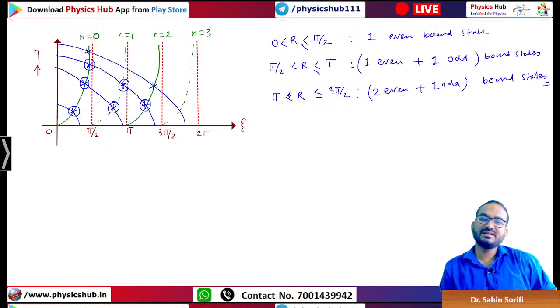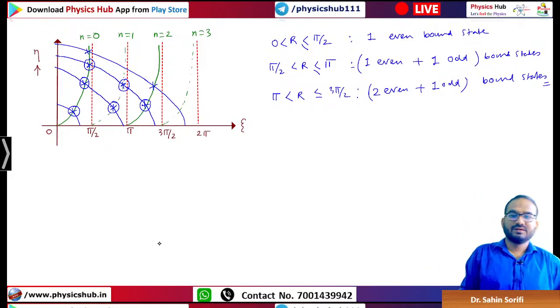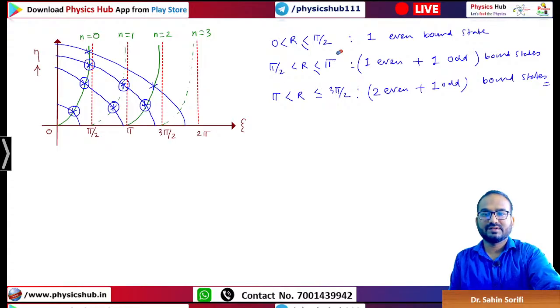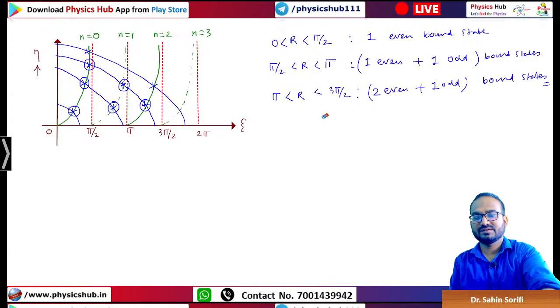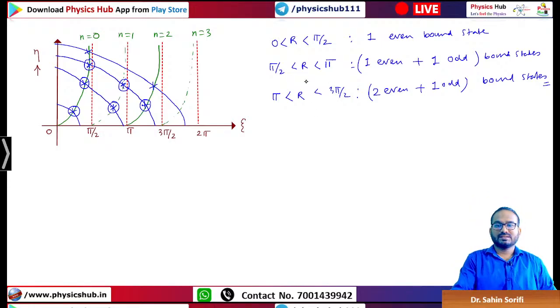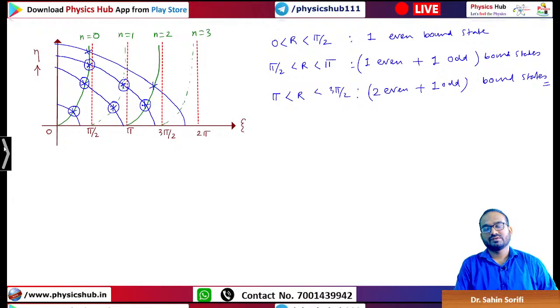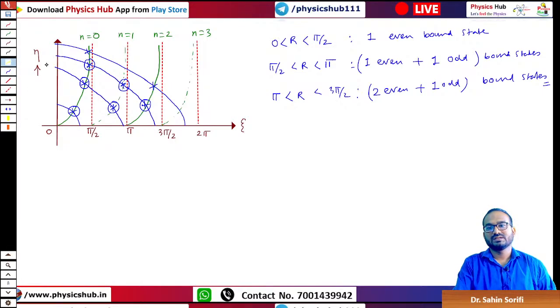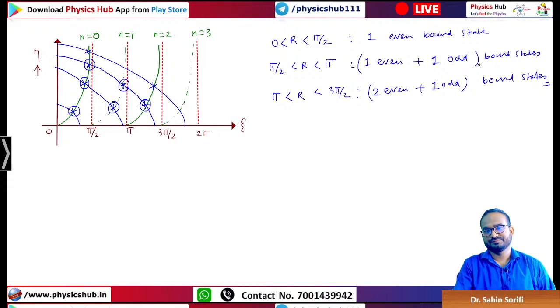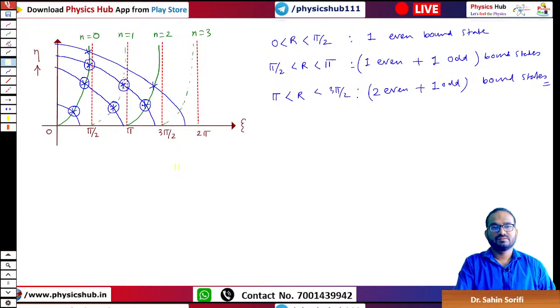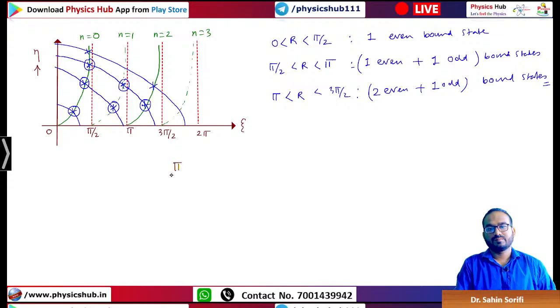Now we can easily define, even if you don't give this equal sign, that will also do your job. It will be the same. If in your examination it asks what is the potential condition so that there is one even and one odd, let's say the condition is pi by 2 less than r less than pi.